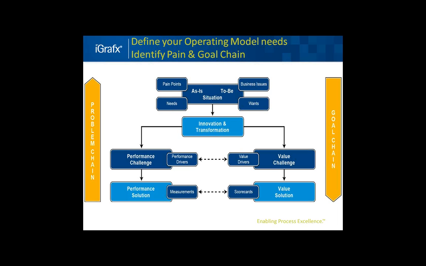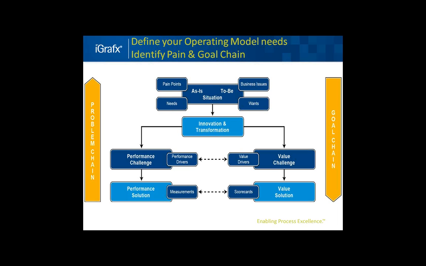Then there is always the executives who say, yeah, that's nice and good, but we have certain wants, meaning the goal chain, meaning they have a to-be state, meaning that's their value drivers, their scorecards, the things they want to achieve. This challenge to align this in an operating model is not easy, because it doesn't matter how you have set it up, you have a way of doing it.